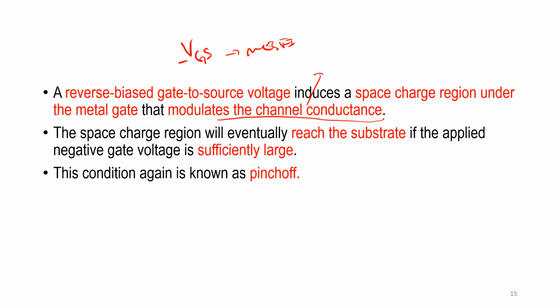The n-channel conductance will decrease because the resistance is increasing. If we apply a large negative gate voltage, we will achieve the pinch-off condition, similar to what we expect in JFET operation.